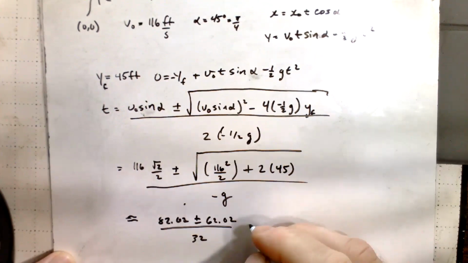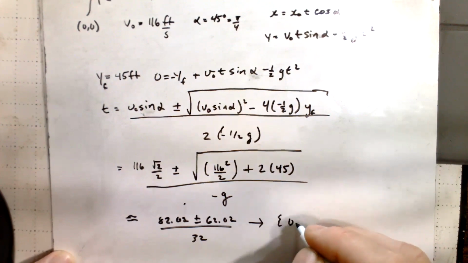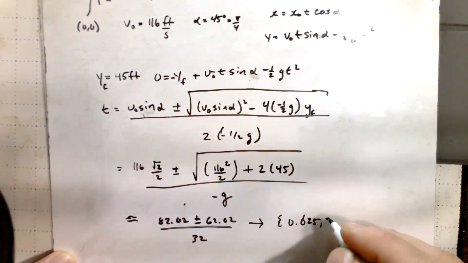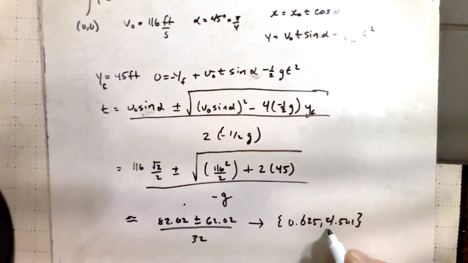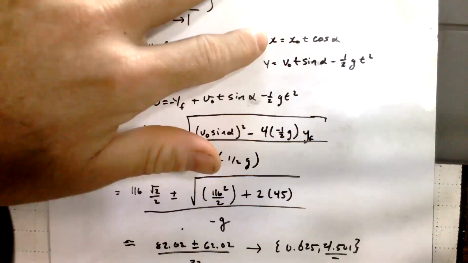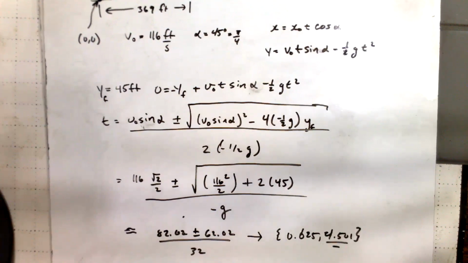Okay, so this gives me then that it's either 0.0625 or it's 4.501. So we'll choose this one because that'll be the time of flight. And so now that we know how long it's in flight, we can use the other equation here to determine where it ends up going.